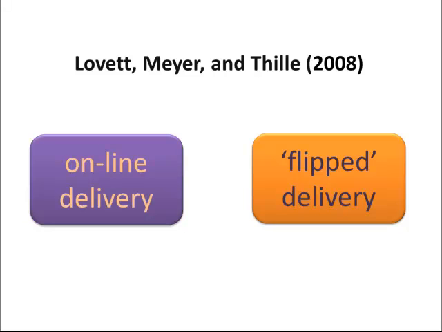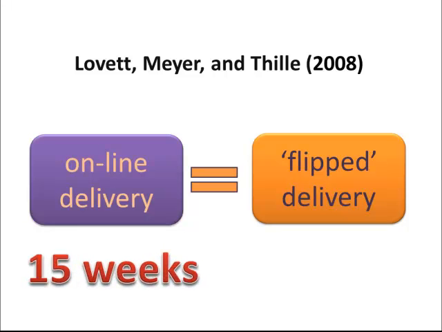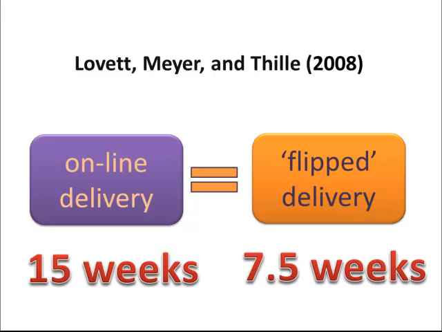They found that with these two approaches, learners had the same amount of learning. They're both able to pass the test. The difference was that the online delivery course was 15 weeks and the flipped delivery was only 7.5. It was half the time.